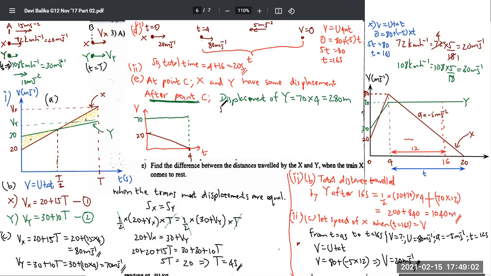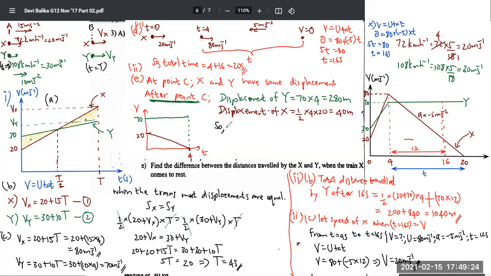Displacement of X will be half into base into height, and that is just 40 meters, just a mere 40 meters. Good, that's it, finished.